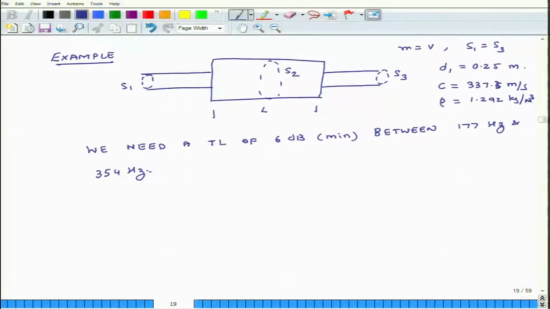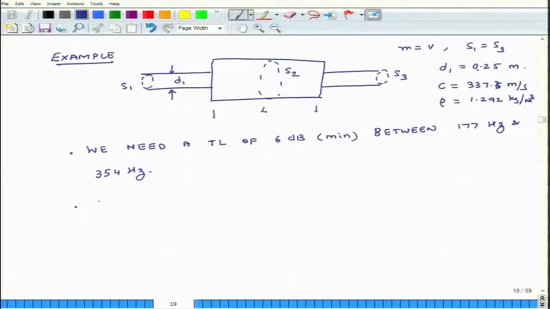Okay. So, between 177 and 354 hertz we want a minimum transmission loss of 6 decibels. So, this diameter is this parameter D1, which is same as 2A, and so this is the requirement.